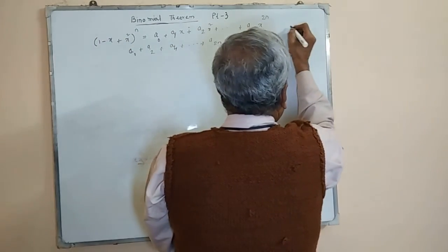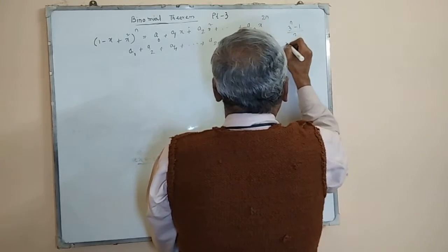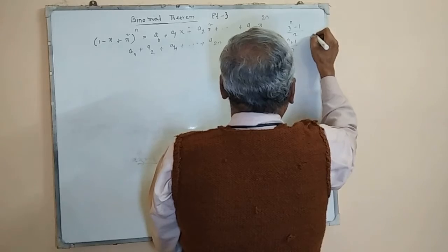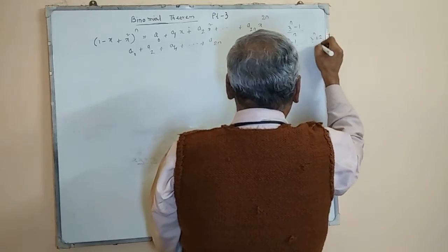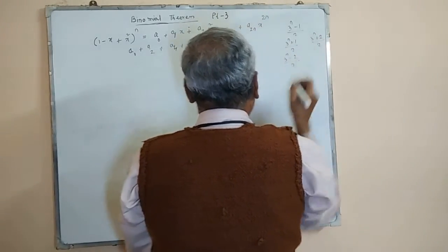The options are 3 to the power n minus 1 by 2, 3 to the power n plus 1 by 2, 3 to the power n plus 2 by 2, 3 to the power n minus 2 by 2. These are the options.